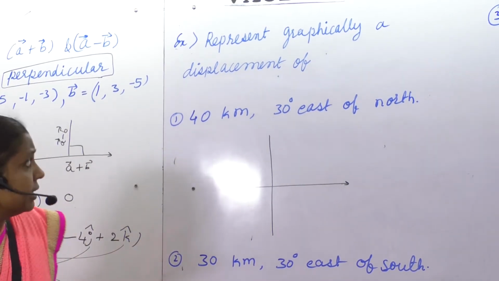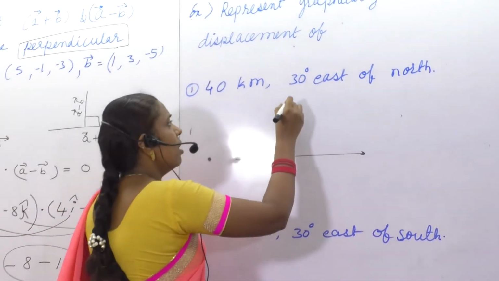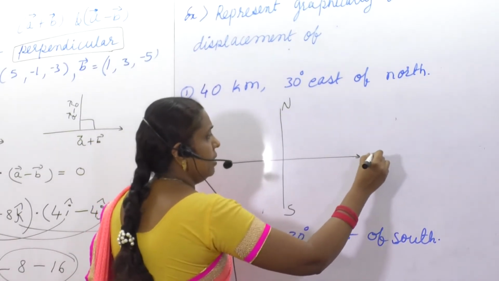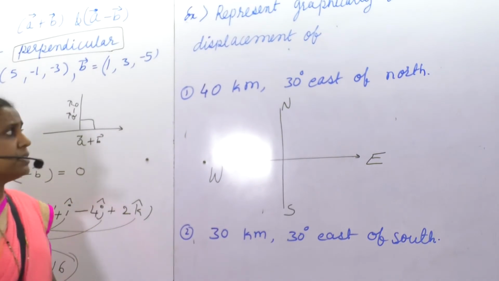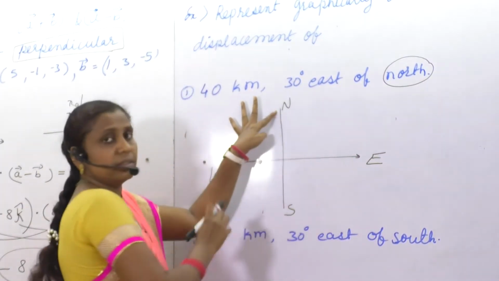40 kilometers 30° east of north. Okay, what are the directions? You may be knowing: north, south, east, west. East of north. So first north we check.